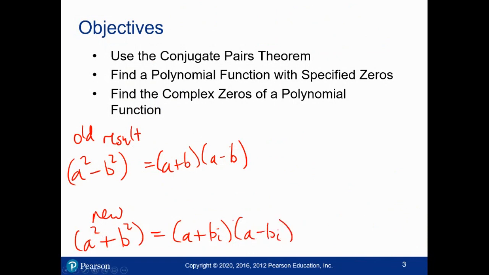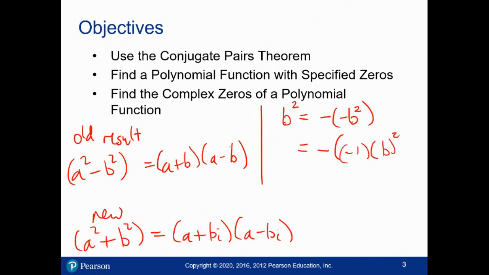You can also see this the following way. B squared is negative b squared. Agreed? So that's negative 1 times b squared. But -1 is exactly i squared.